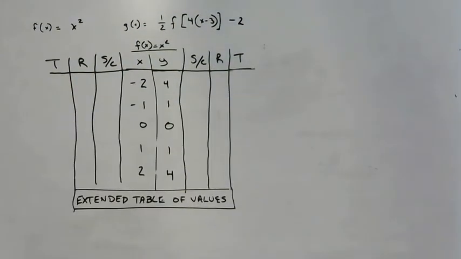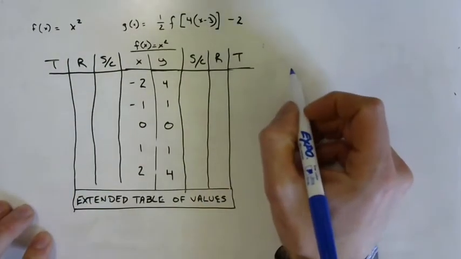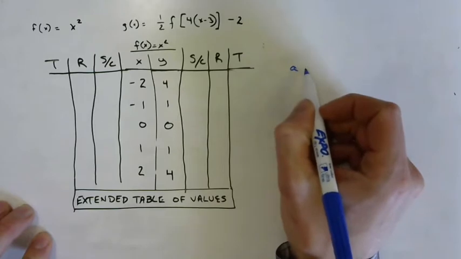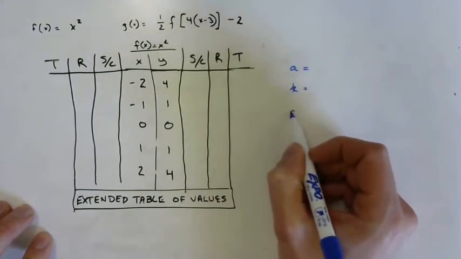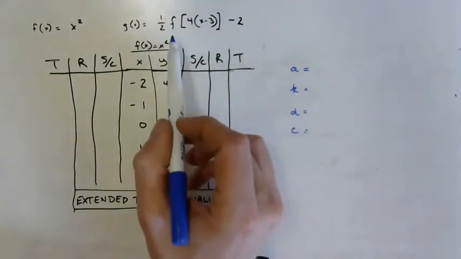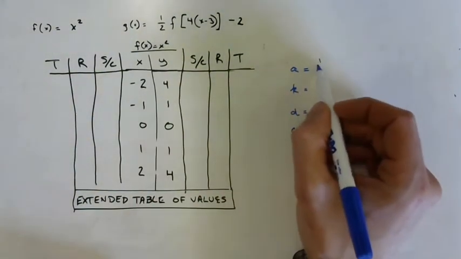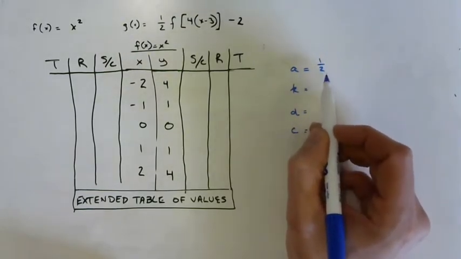Another thing that might be helpful before we start actually writing in our new values in our chart is to identify the parameters of the transformed function. So we have a, k, d, c. A is 1/2, so that's a vertical compression by a factor of 1/2.